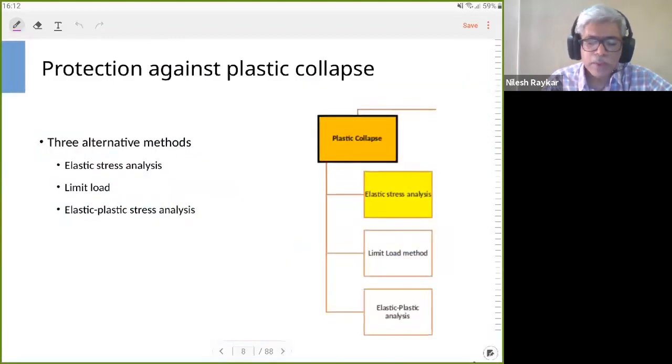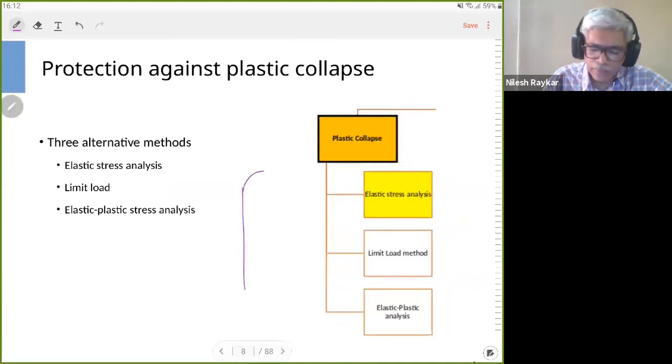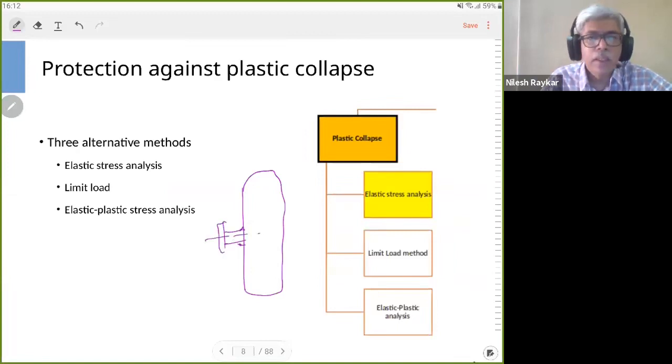So the plastic collapse check, essentially, if you have some components, for example a vessel on which some attachment or nozzle is welded, and when internal pressure is acting, you don't want this nozzle to break at this junction and fly off. So this is the riskiest position.